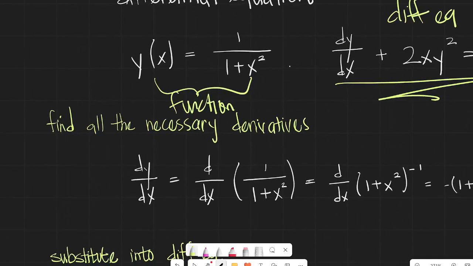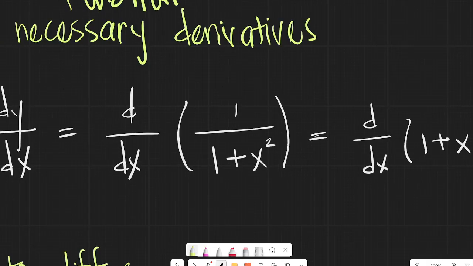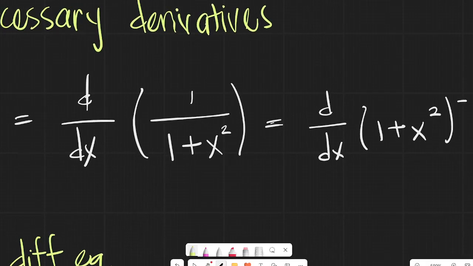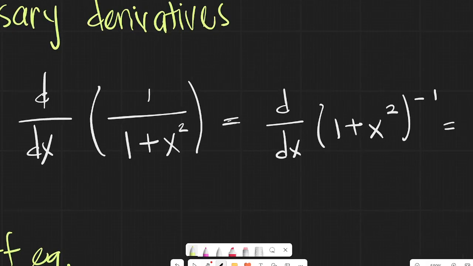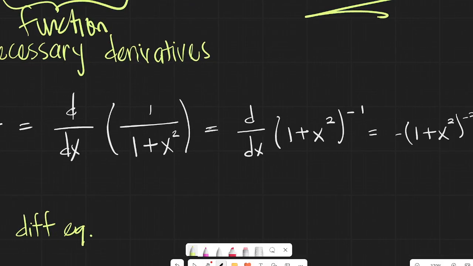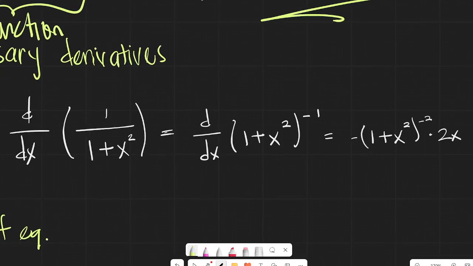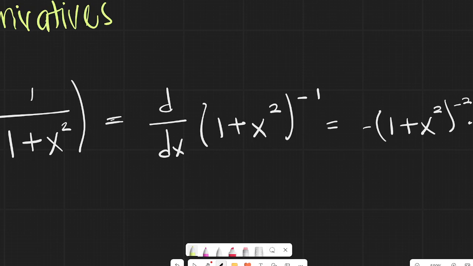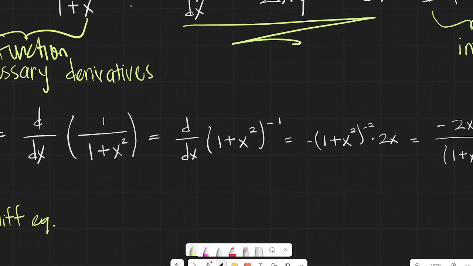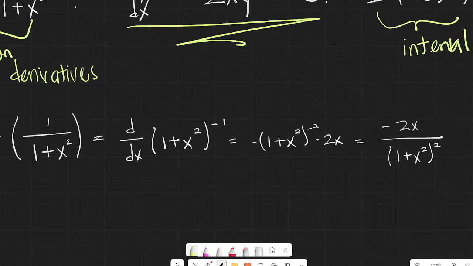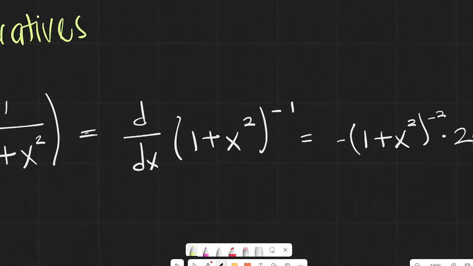Taking the first derivative of y, we have d over dx of the quantity 1 divided by the quantity 1 plus x squared. If I rewrite this using negative exponents, I can bring the 1 plus x squared up to the top, from which I can then just use the chain rule to evaluate. So I decrease the order of this exponent according to the power rule, and I bring it down to the front.